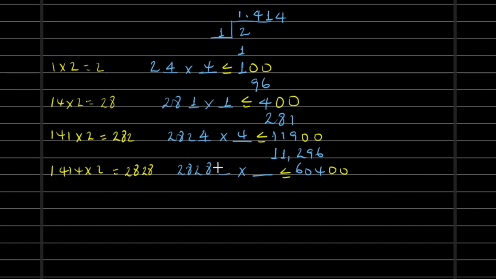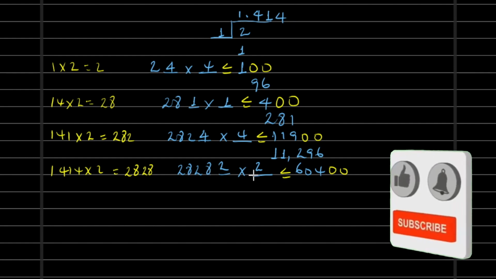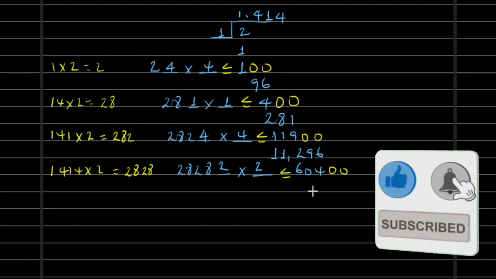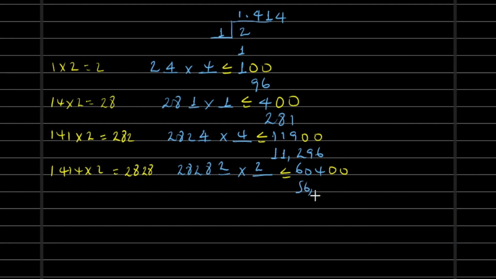This number is 2. If we insert 3, it becomes more than 60,400. 28,282 times 2 gives 56,564. The next digit is 2. When we subtract, we get 3,836. Similarly, add 2 zeros, then double this number.